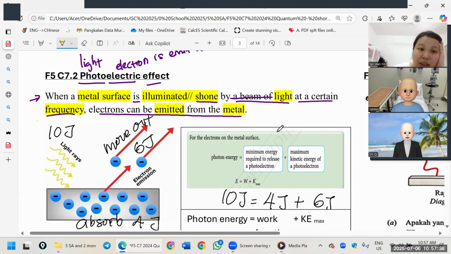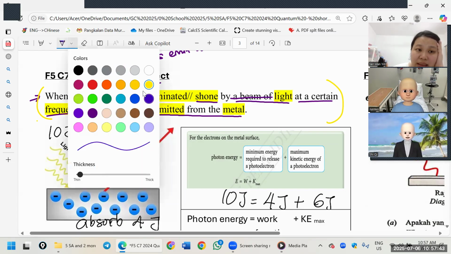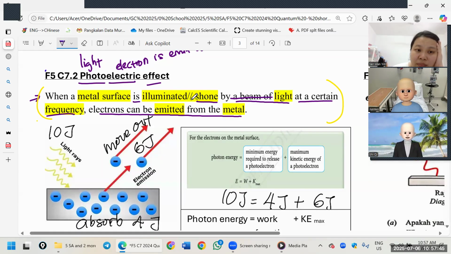Please use the proper words in the sentence. If you want to say electron emitted out first, then you say shone by a certain frequency, also can.